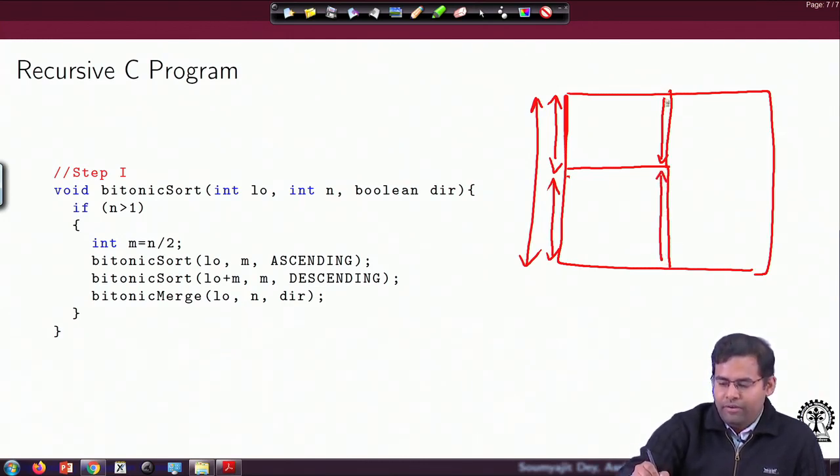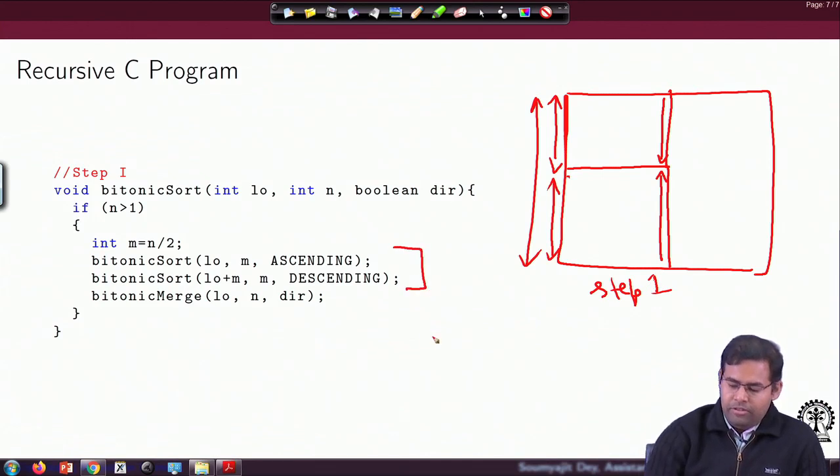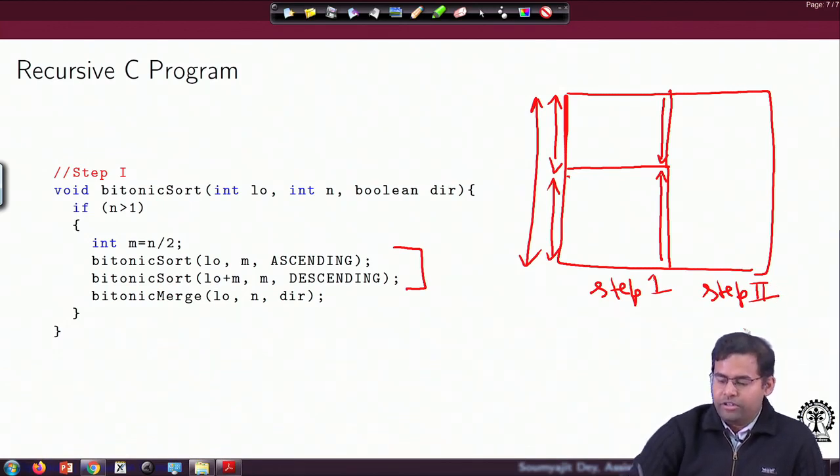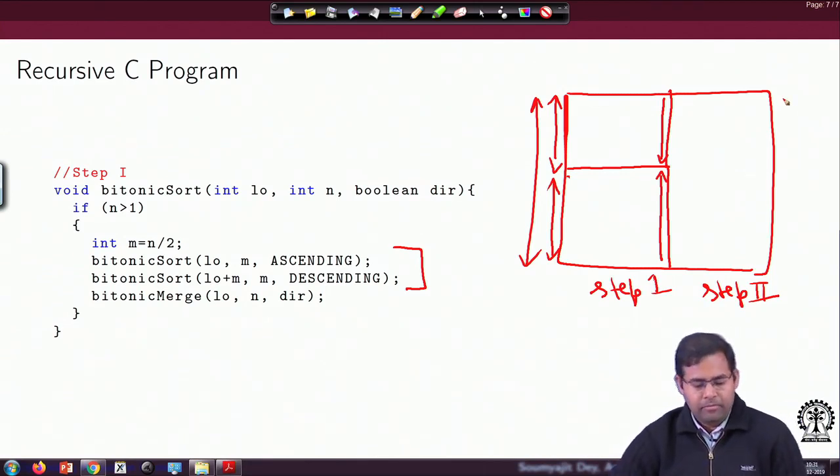Here you have an ascending sequence followed by a descending sequence that gives you the Bitonic sequence. This is your step 1, and then you have step 2, which is the Bitonic merge. We have already discussed that it expects ascending followed by descending and is going to provide a fully ascending or descending output depending on the requirement.